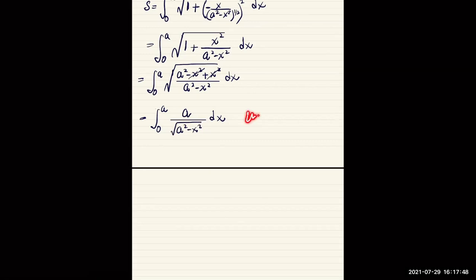For my u sub, I let u equal to a squared minus x squared. The thing is that I have to have the derivative. Remember what I taught you guys. When you do a u sub, to solve the integral, du is, again, the derivative of a squared is just 0. So we get negative 2x dx.